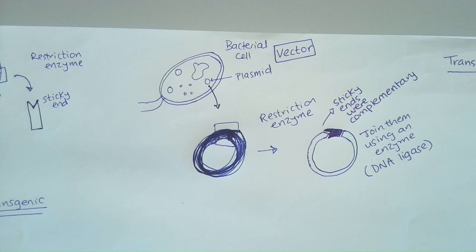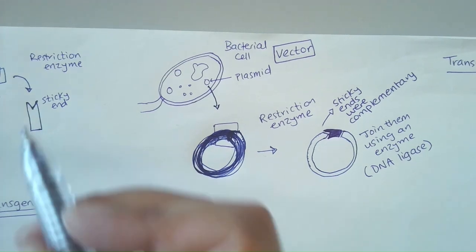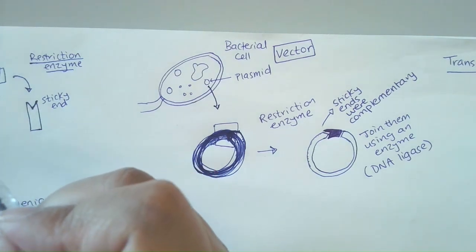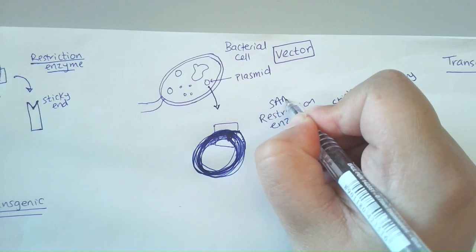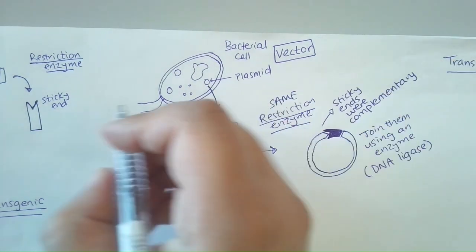So in an exam question, if you're explaining genetic modification, the words that you absolutely have to use: restriction enzyme. Okay, number one, restriction enzyme. Number two, this idea that we use the same restriction enzyme for the bacteria. Okay, number three, so maybe I should number them.